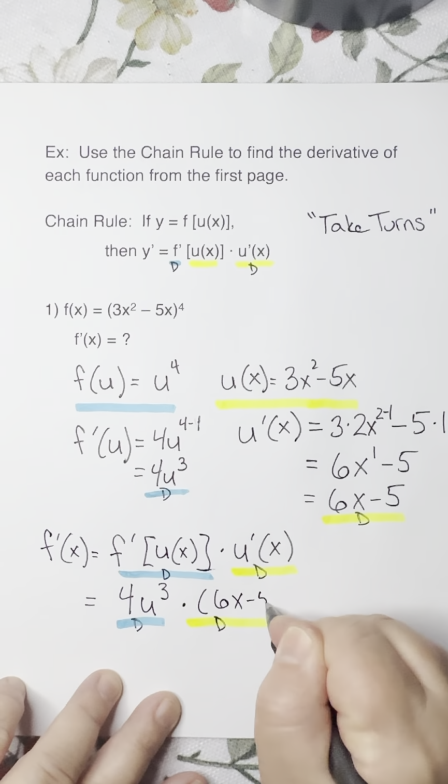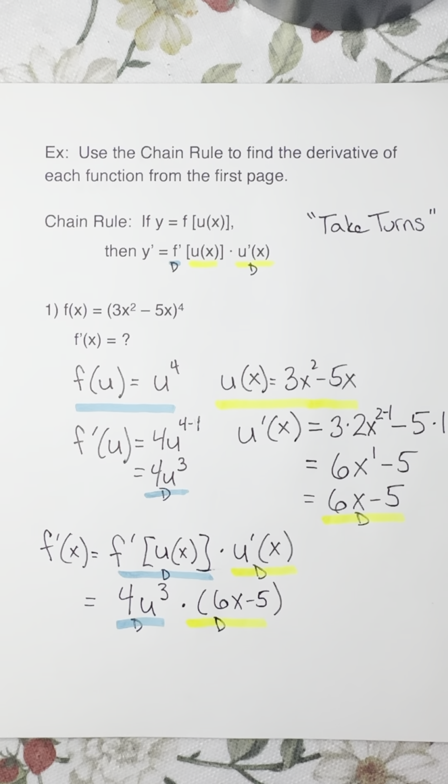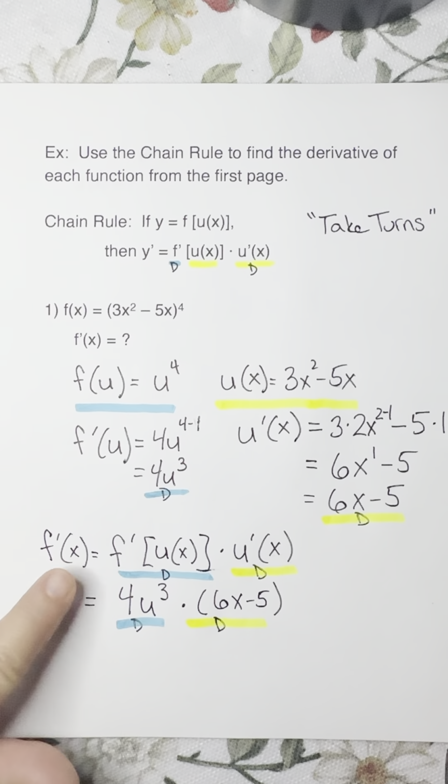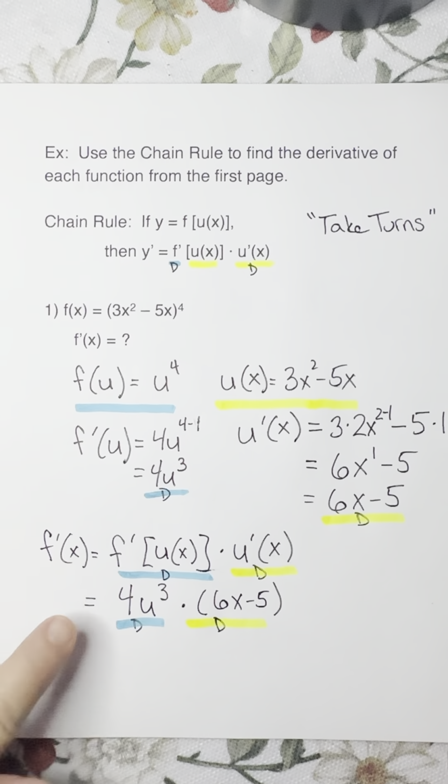Now, technically, in some worlds, I'd be done. But the problem is I want the derivative of f at x, and I've still got this u running around. So I'm going to replace the u. What was u? u was 3x squared minus 5x.